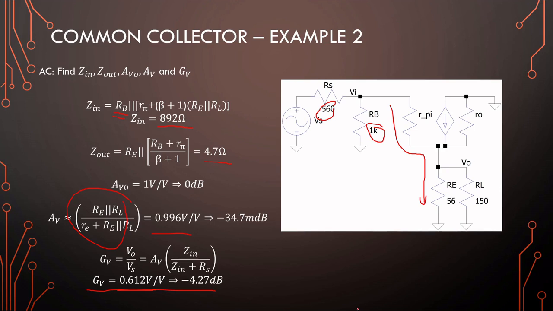You will use multiples, so a common base and a common collector if you're having a repeater circuit, or a common emitter and a common collector, if you're having a high voltage amplifier with high input impedance and then have to drive some small load like speakers or something. So amplifiers will typically be used in conjunction with one another.